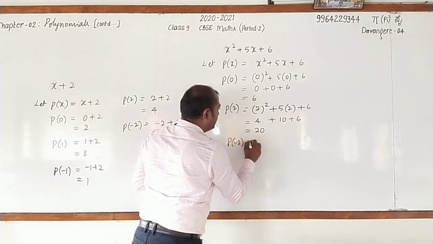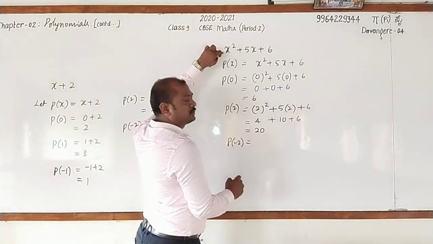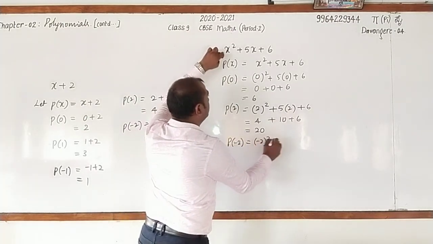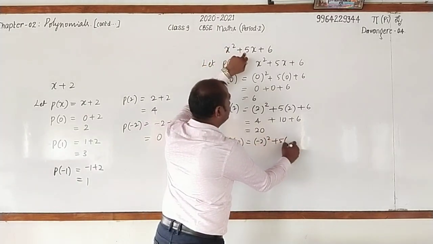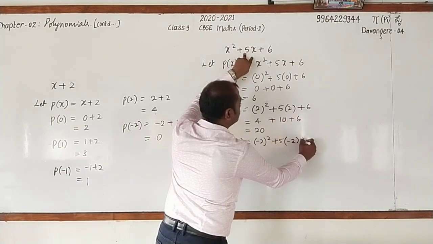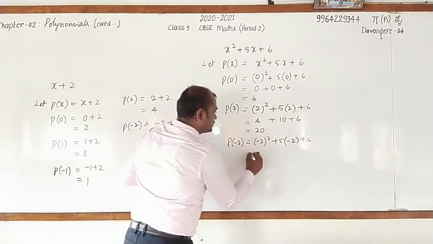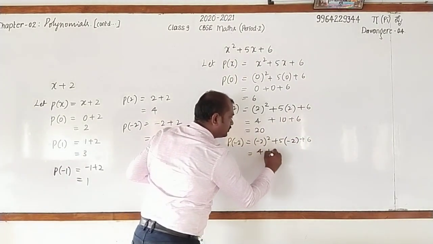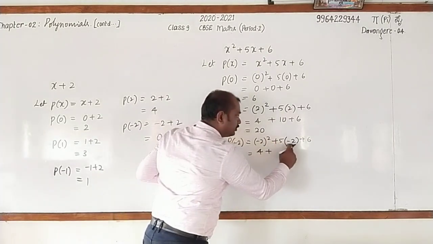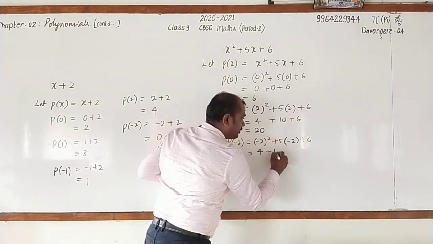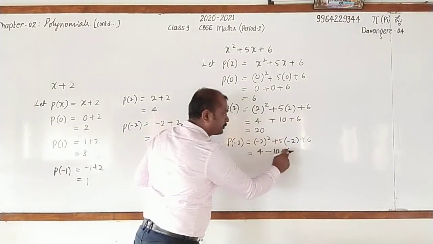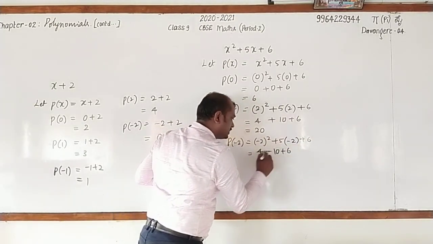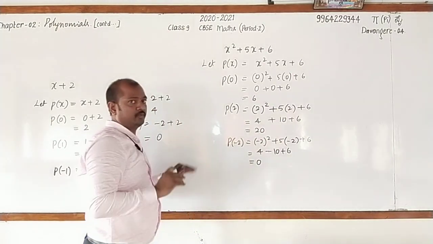P of minus 2. Let me substitute minus 2 in place of x. So minus 2 whole square plus 5 into minus 2 plus 6. Minus 2 whole square is 4. 5 into minus 2, it is minus 10 plus 6. What is 4 plus 6? 10. 10 minus 10? 0.